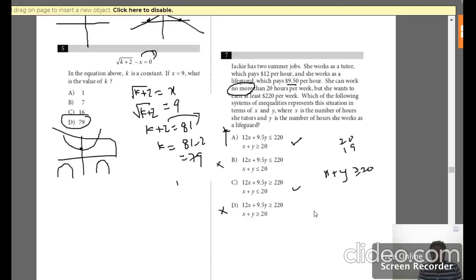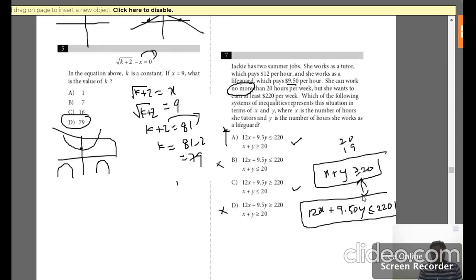So it is $12. Let's call it x for the tutor per hour, and as a lifeguard she's getting 9.50 per hour, and she would earn at least 220, meaning minimum. Maximum it can go beyond that. So these are the two inequalities that you have. Which option does it? That would give you the answer.